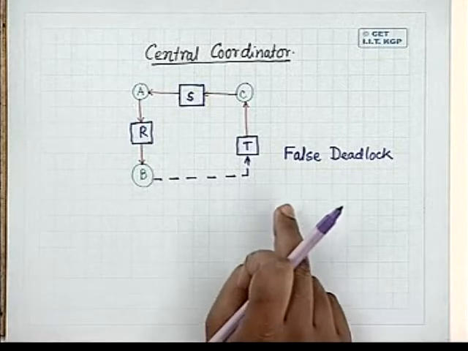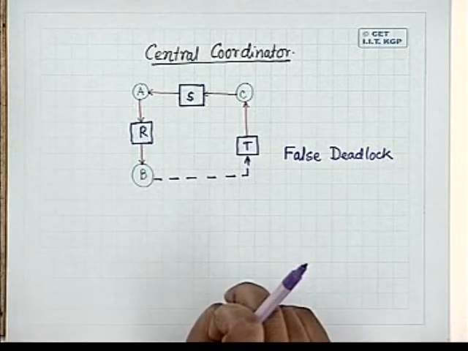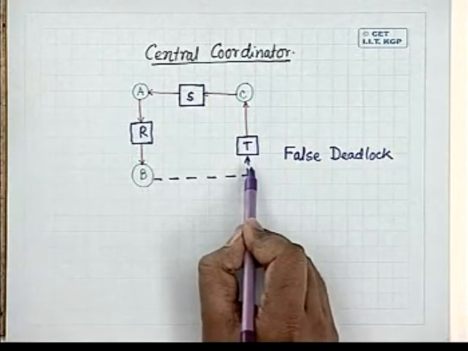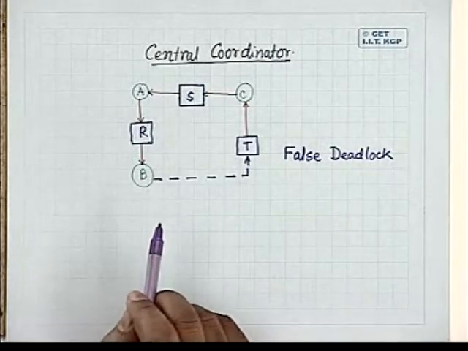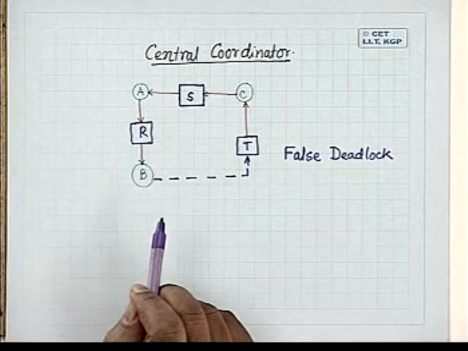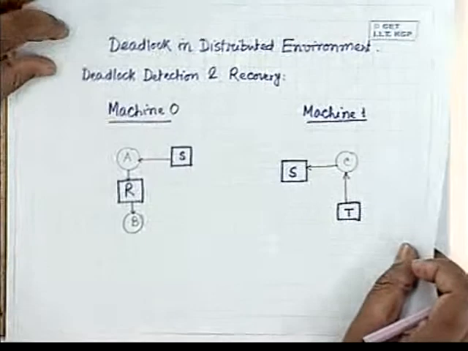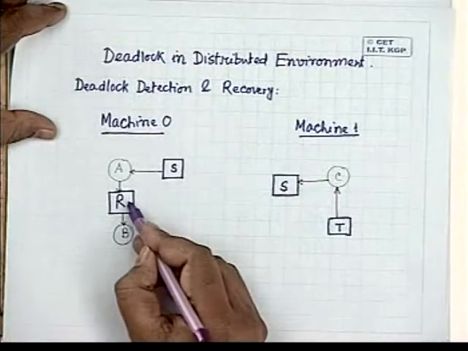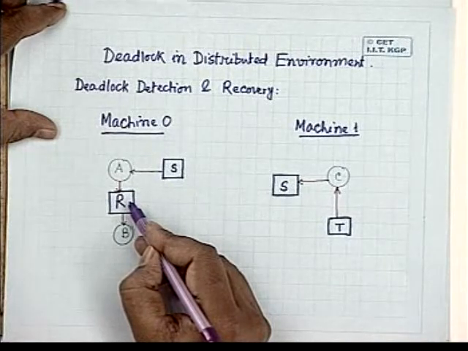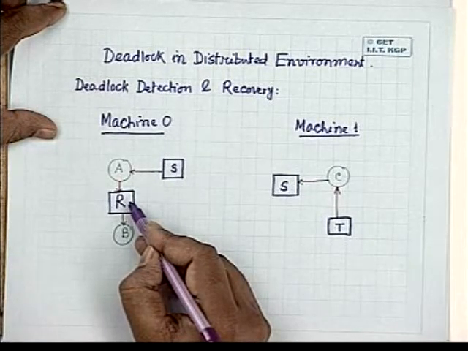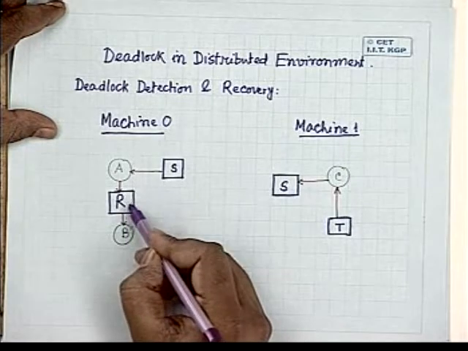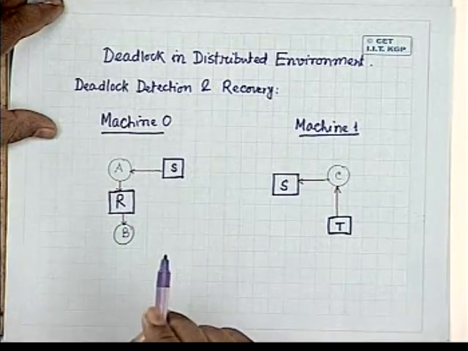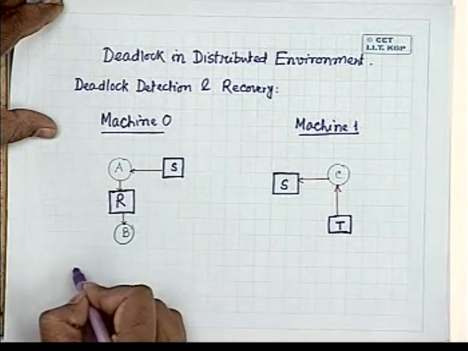Now you find the sequence. We have said that first in machine number 0, process B releases resource R. That means the first message generated is that edge RB has been deleted. So that is the first message.